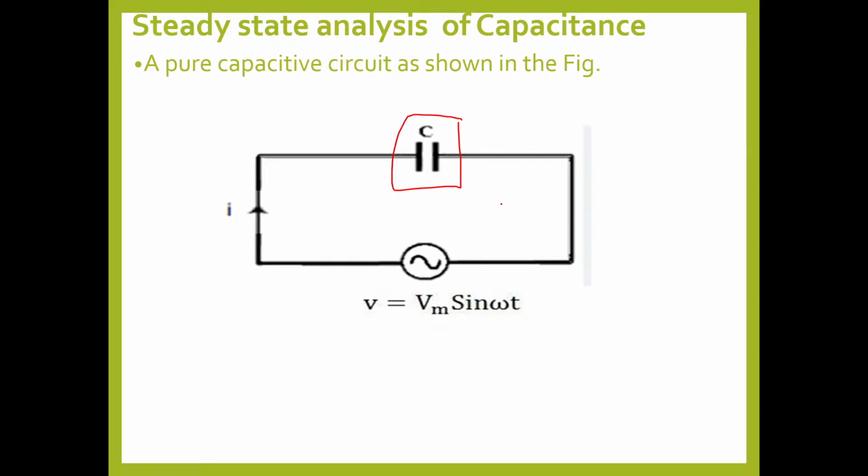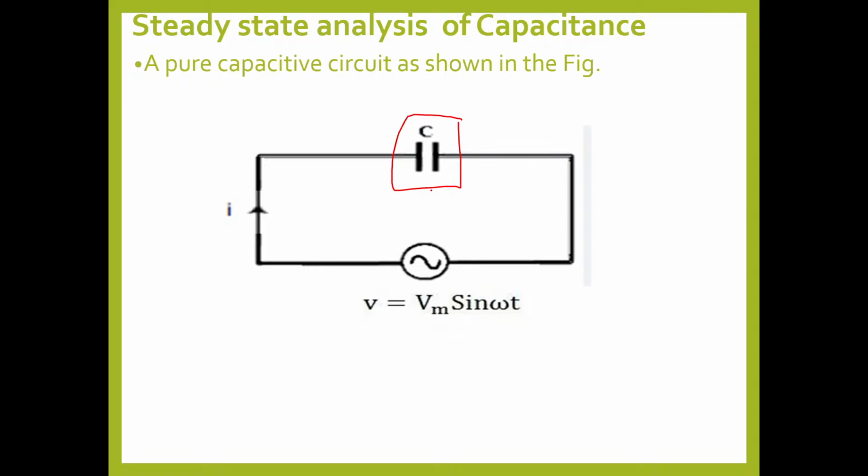Initially, the voltage developed across the capacitor plates is 0, not the current. When voltage is developed across the capacitor plates, that is, when the electric field is developed, current will not flow through the capacitor.